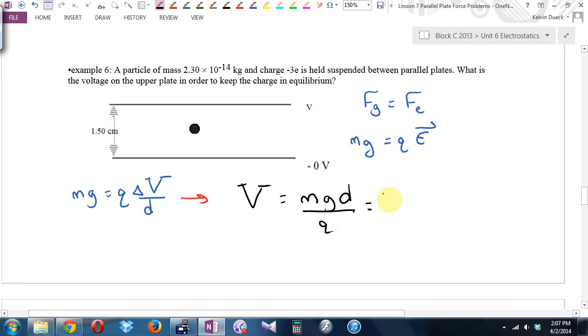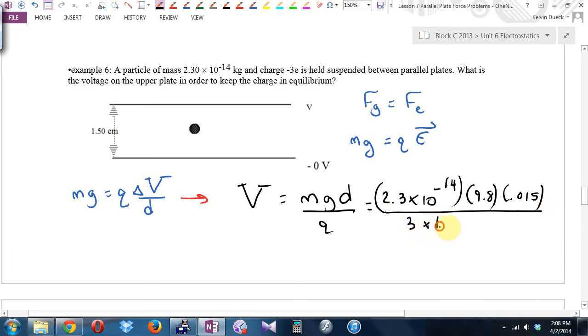Yep. 1.5 centimeters, so 0.015, divided by, and they said it was 3 electrons. So 3 times 1.6 times 10 to the negative 19. 3 elementary charges.